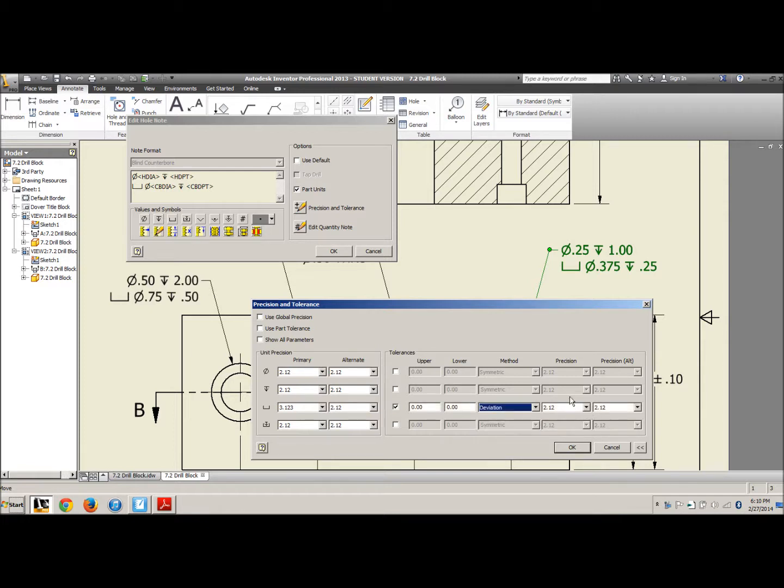A deviation is what it's going to allow us to do. A deviation of my upper 0.375. 0.378.